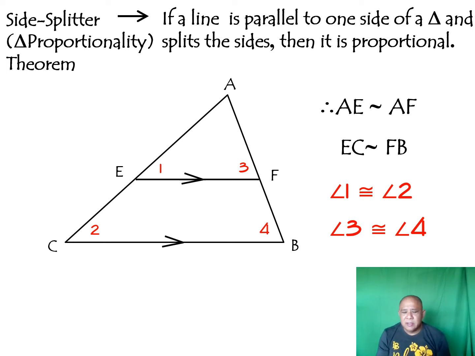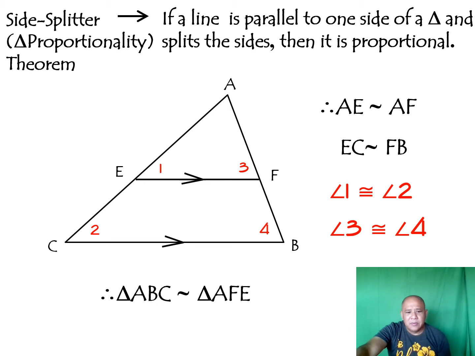Again, guys, you can pause or fast forward this video anytime you want, at your own pace. So what does it mean? Well, we can say the big triangle ABC is similar to the little triangle AFE, by AA similarity.